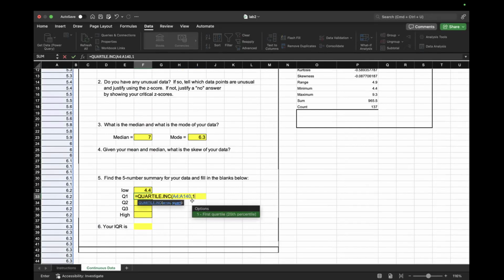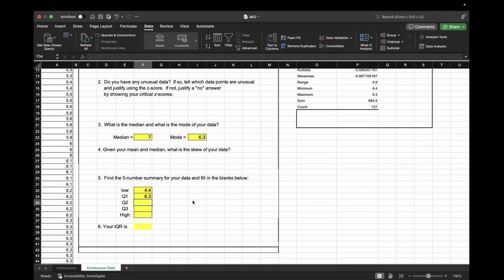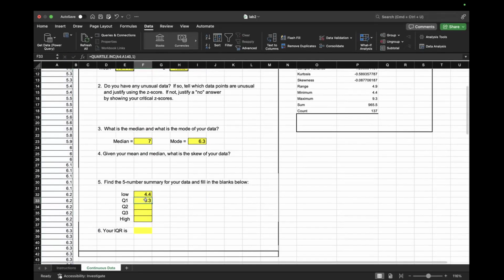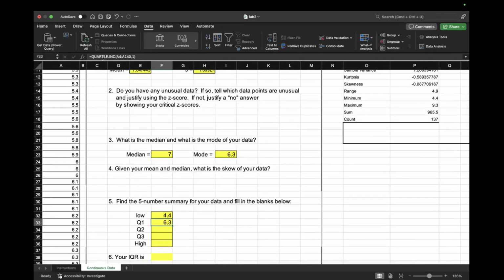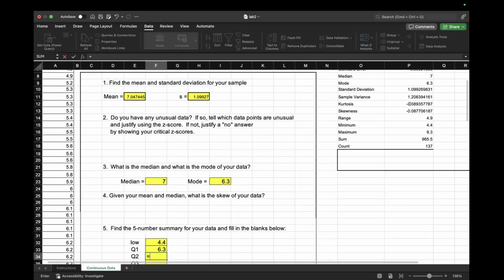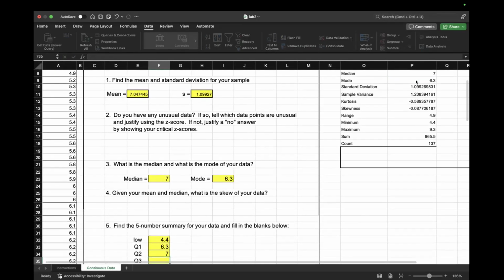So hit 1, close your parentheses and hit enter. So once again, take a look up here on my bar, quartile.inc, highlight all your data, then comma, the quartile you're looking for. Quartile 2 is just the median. So once again, enter that in.